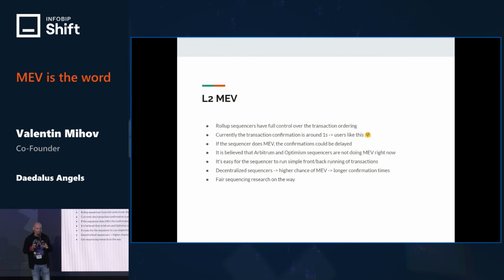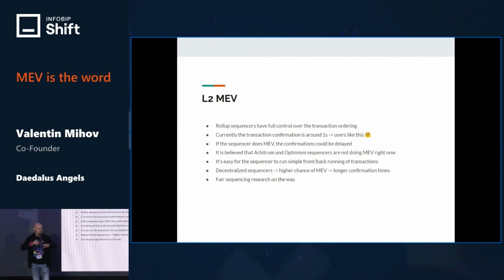So ultimately, MEV is going to lead to centralization, and we need to be really careful with that. This is something that is about to develop, so we need to keep an eye on how it's going to unfold. One side effect is that confirmation times are probably going to become a bit longer. Right now on Arbitrum and Optimism, when you submit a transaction, it's super magical.